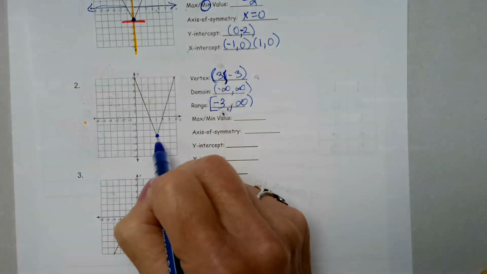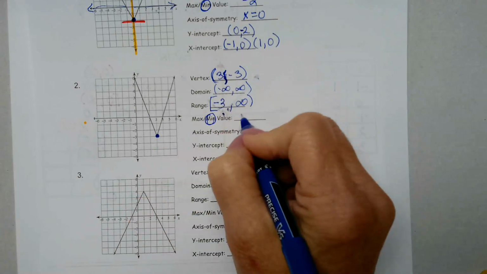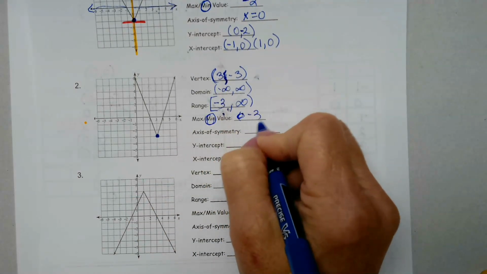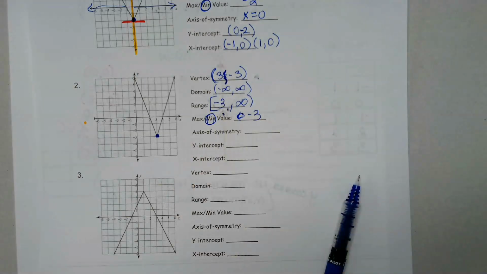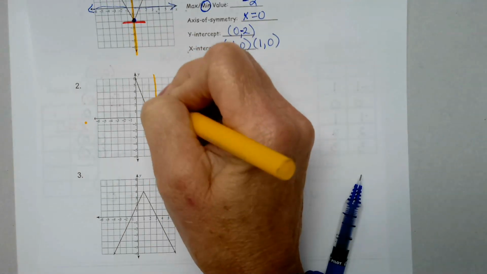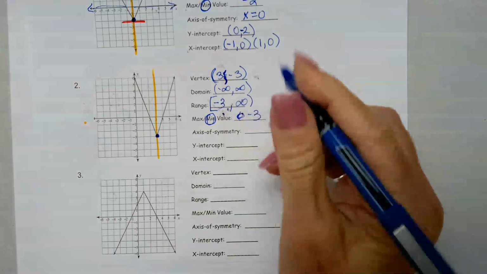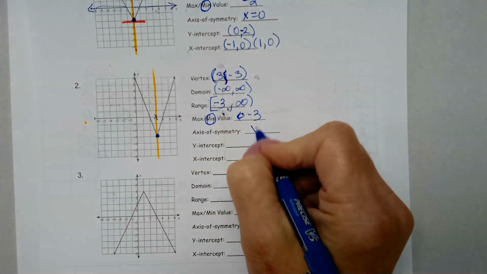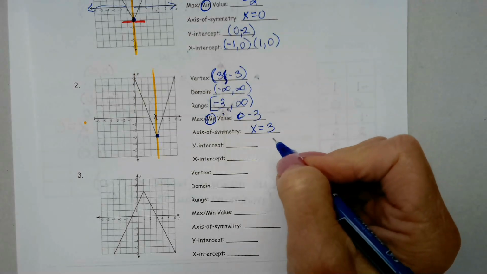We have a low point, that's a minimum, and our minimum is at -3. Our axis of symmetry now. Our axis of symmetry moved. Here is our line that separates our absolute value graph in half, and we cross the x-axis at 3, so that vertical line is x equals 3.